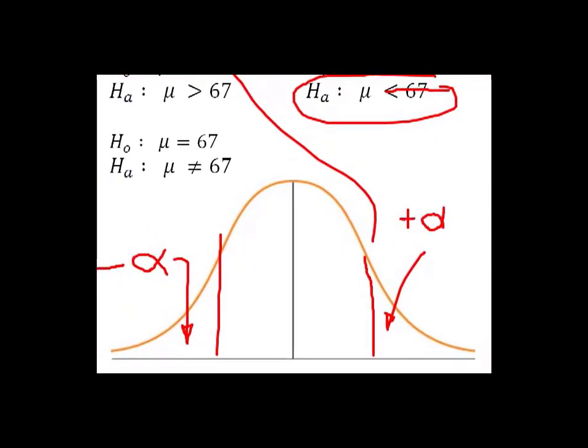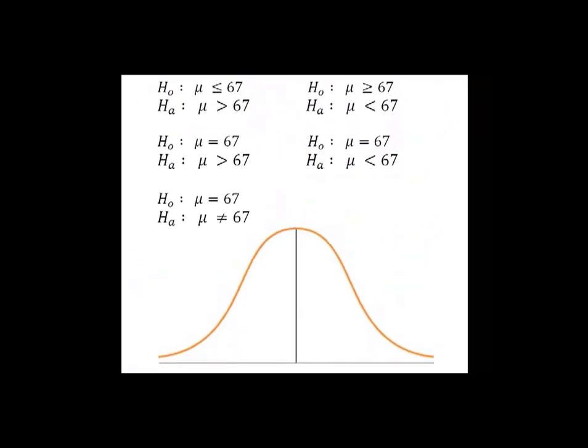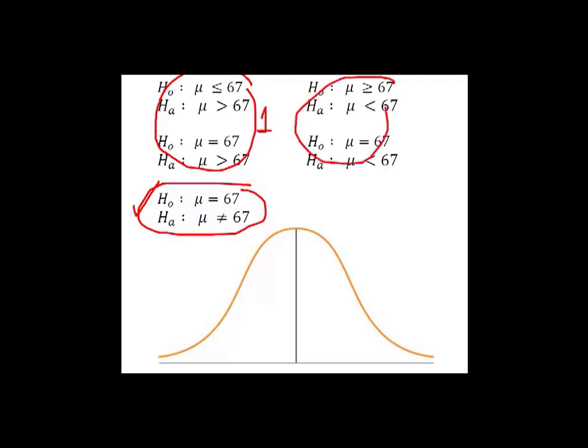It's going to be a positive alpha value, because the only time that I'm going to split my alpha in two with a two-tailed test is right here. So these, one tail. These, one tail. The only time you're going to have two tails are here.